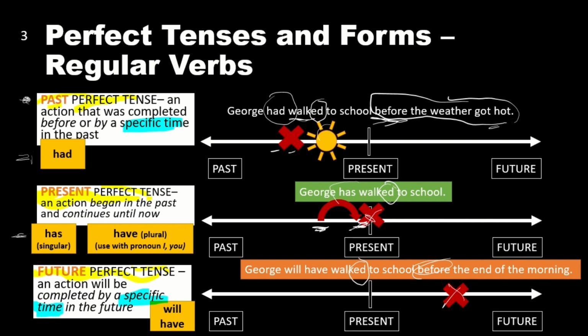So if we know the end of the morning is 11:59 a.m., we know that he will have arrived to school by that time. We don't know when he'll start, but we know that definitely by this time that they're telling us in the sentence, that's when the action will have ended. And notice the helping verbs for the future perfect, will have. George will have walked to school before the end of the morning.